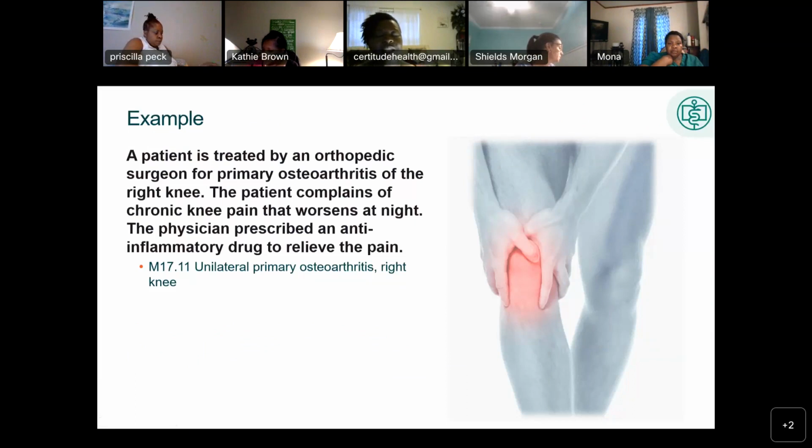Like if it's a knee, is it the left or right knee? If it's an elbow, left or right elbow, hand, shoulder, foot, ankle, etc. And that is actually the first guideline on page G19, site and laterality. That should always be a part of the code.